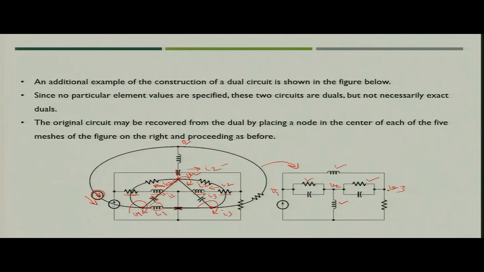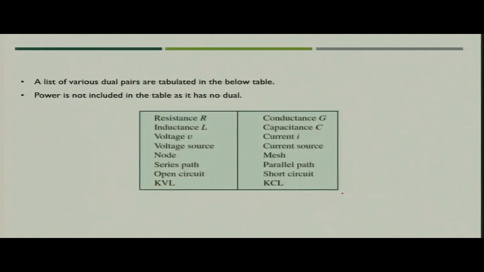Finally, between node 3 and reference you have one conductance, and the current source is connected between reference and node 1. This circuit you can rearrange and represent nicely, so that you do not have any ambiguity in representing the dual circuit.